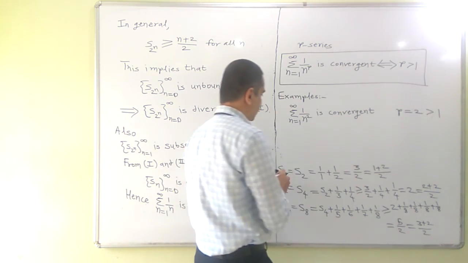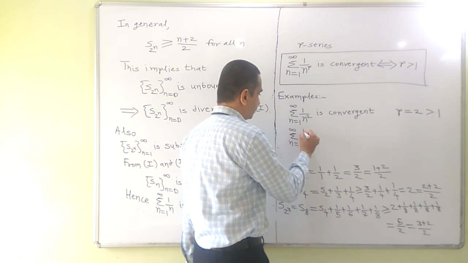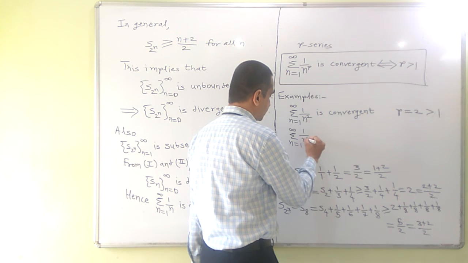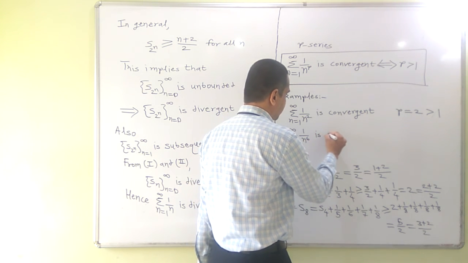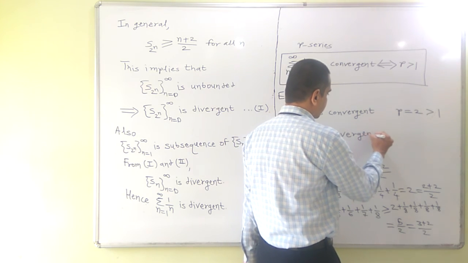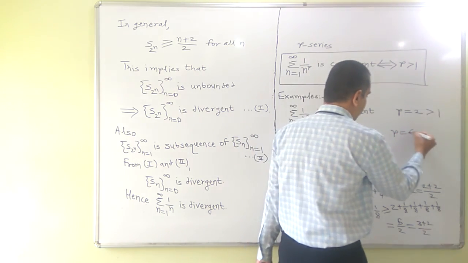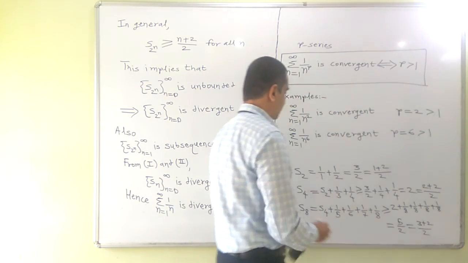Similarly, the series n is equal to 1 to infinity, 1 upon n raised to 6, is convergent because P is equal to 6 and it is greater than 1.